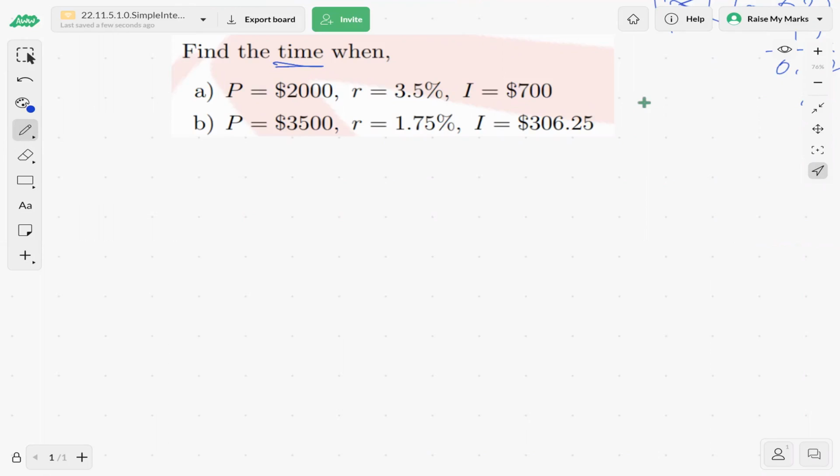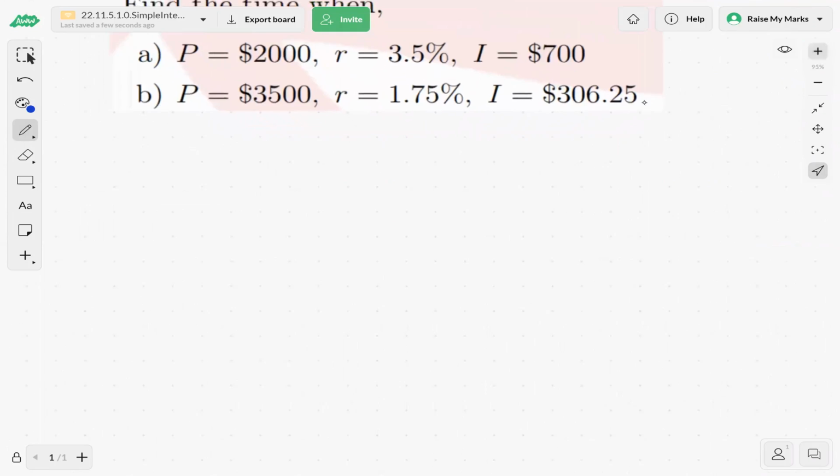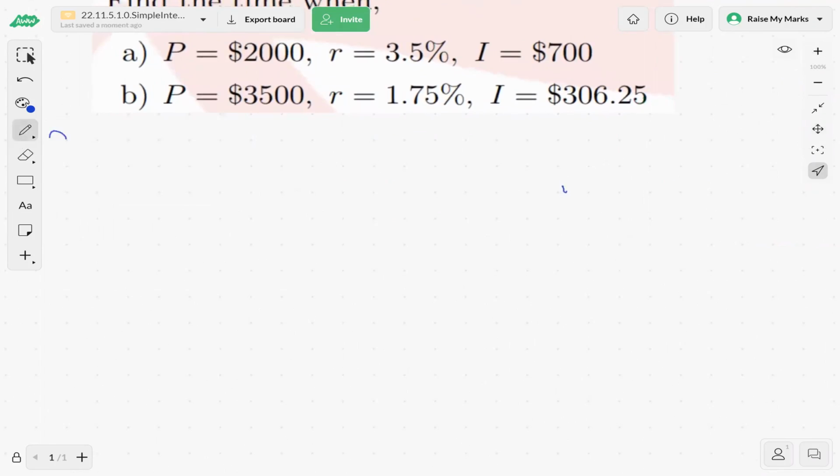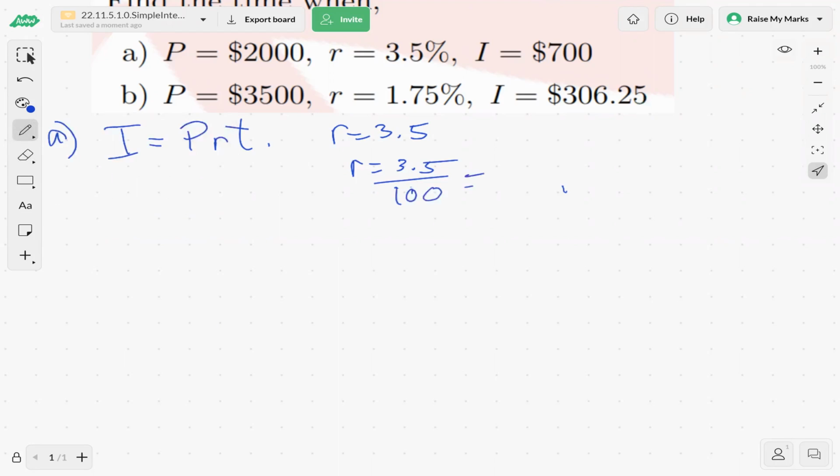Okay, so let's go back to our formula. Our formula is I equals PRT. We need to take our interest rate, 3.5, and turn it into a decimal. So we're going to divide it by 100, and that equals 0.035, and we're going to solve for t.